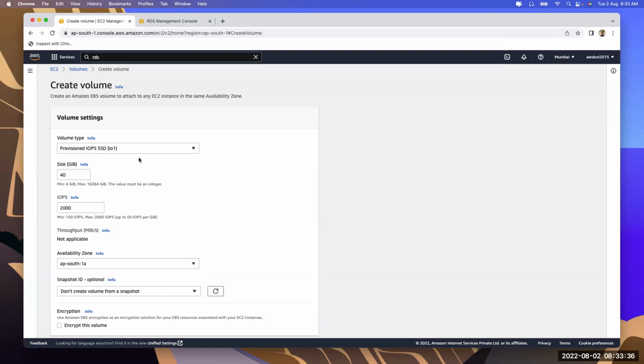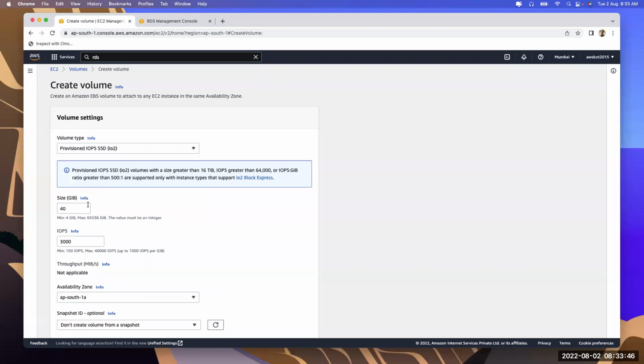Next up, the concept is just for having 2000 IOPS. Do I need to go with IO1, 1 is to 50? Why not something else? Fine, go for IO2. For 4 GB itself, you can have 2000 IOPS. Here, the ratio is 1 is to 500.